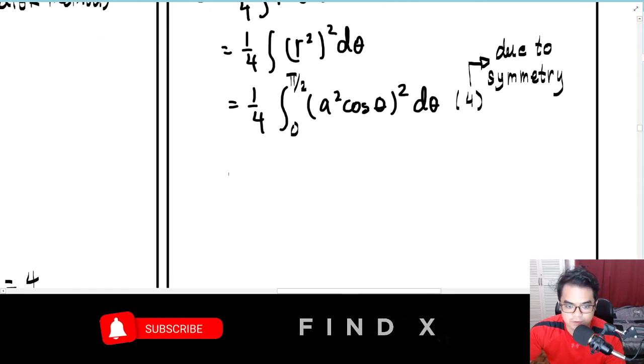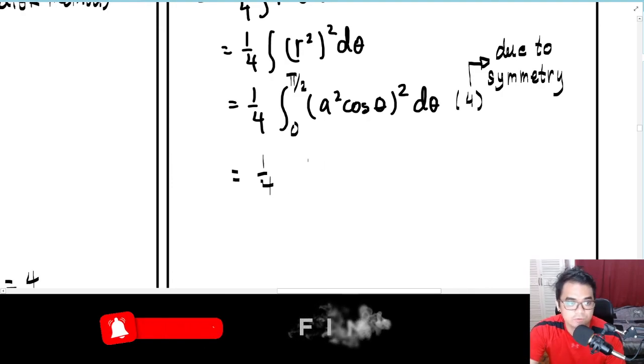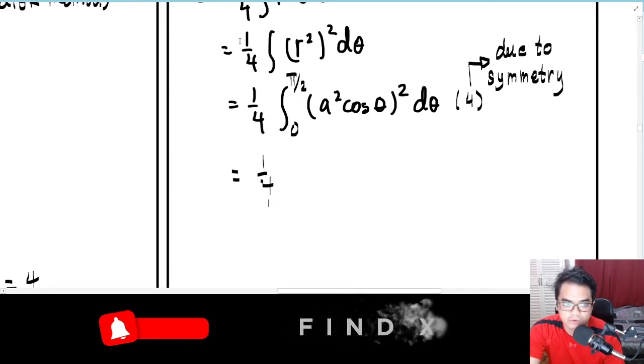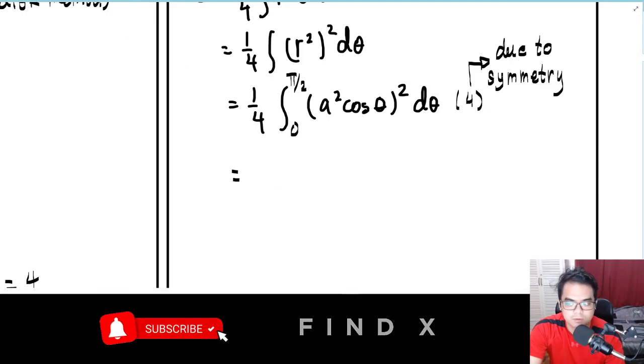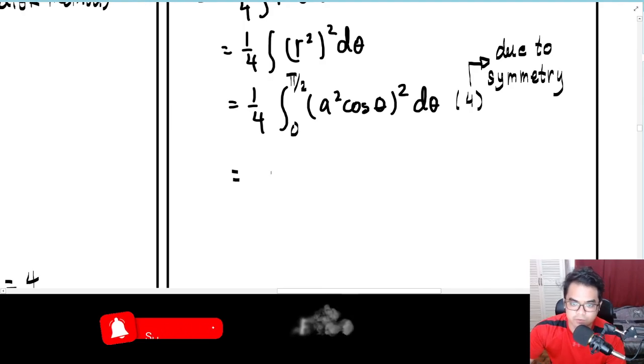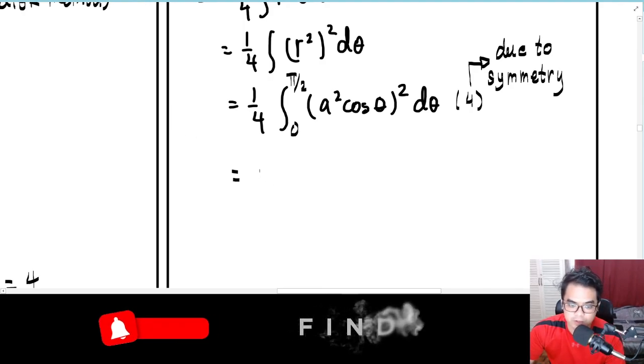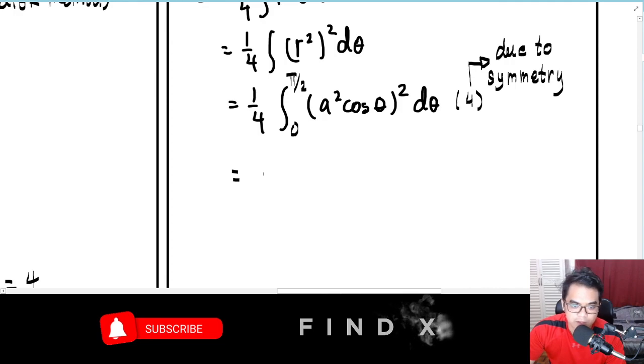So you'll have here equal to 1/4, right? Actually, the 1/4 will be cancelled out with the 4 due to symmetry. So that will be a squared. I can bring out the a squared, right?